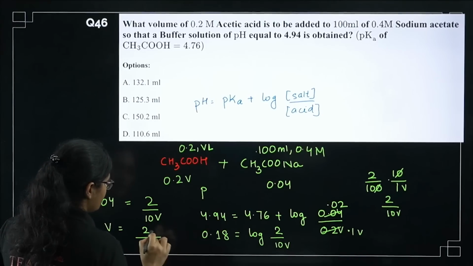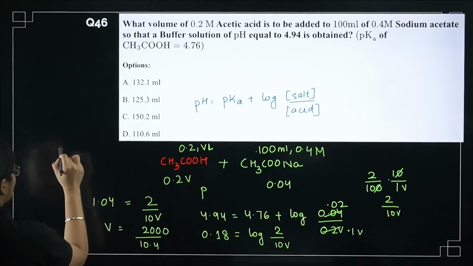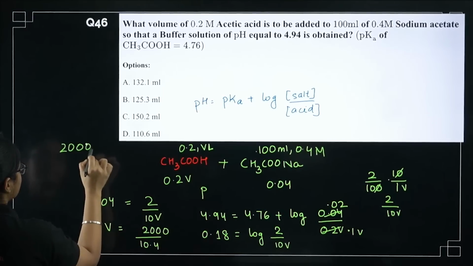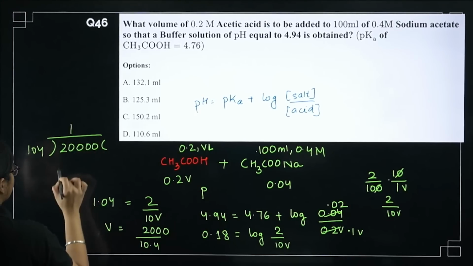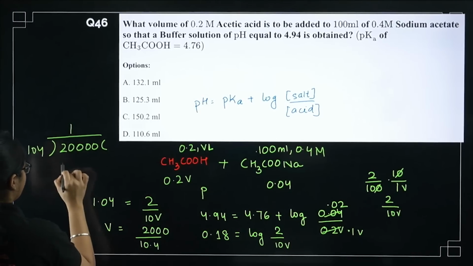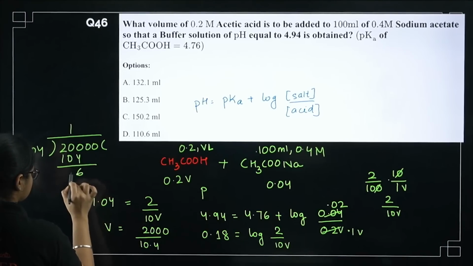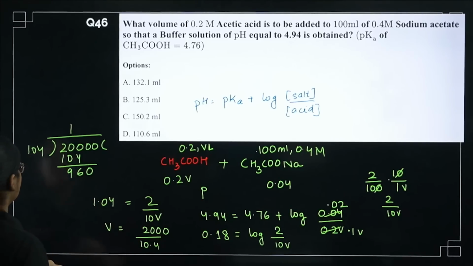The options are in ml, so I can just multiply by 1000. So 20,000 by 104, if I do that, 104 first, right. Then I will have 96, then 960 if I am having.